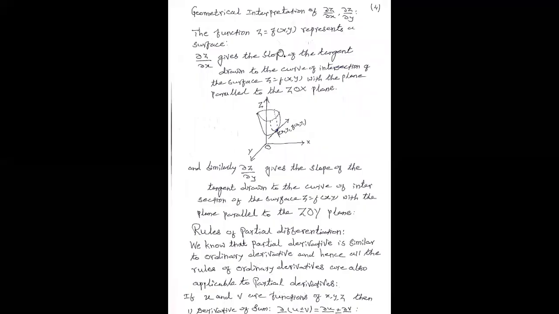Then we'll see the geometrical interpretation of these partial derivatives, either ∂z/∂x or ∂z/∂y. The function z = f(x, y) represents a surface.